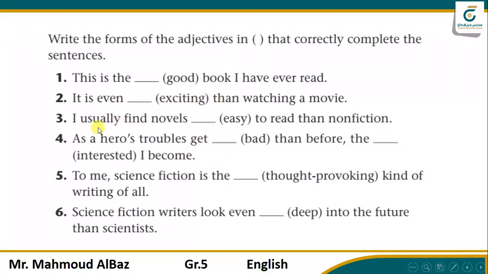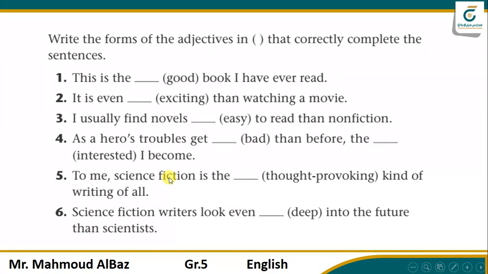Excellent. Number three, I usually find novels easy to read. Oh, than, so it's easier. Excellent. Four, oh, already have the word than. By the way, remember, bad is an irregular adjective, so it's worse than before. The superlative, interested, so it's going to be most interested I become.